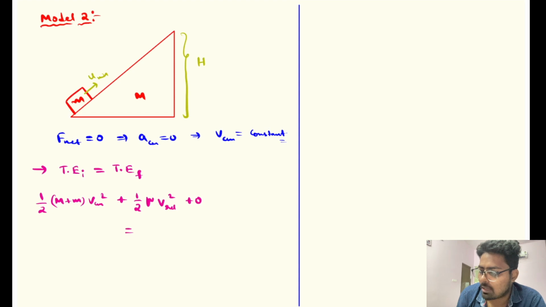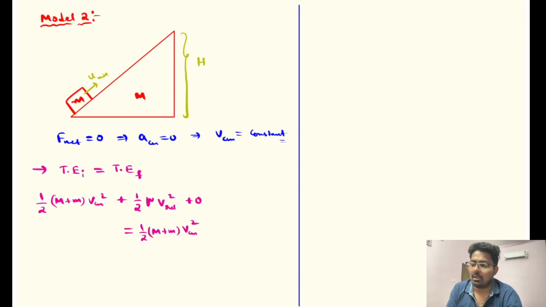And what about the final energy? Finally, it is still going to have the same center of mass velocity, so this will be the kinetic energy of the center of mass, plus, after going to a height h, it will have some different relative velocity. I am calling it V relative dash.